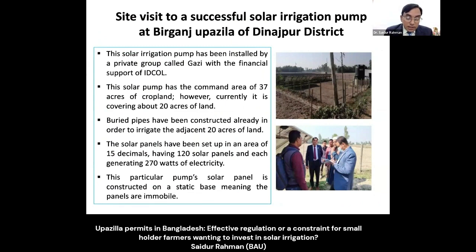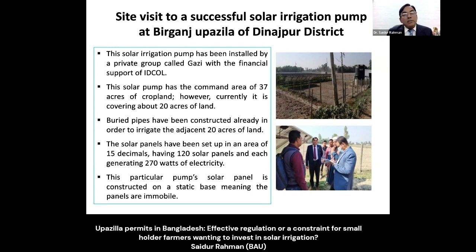So this is the scenario, but at the end, I will say we visited a very successful case of a solar pump. Though the minor irrigation sector mentions all the solar pumps are established in the Barguna area, there are some in the north part of Bangladesh, and we visited one. It has been established with the Ghazi group with the support of ITCOL, and it is running very well, with four solar panels set up integrated together and a net metering system as well.